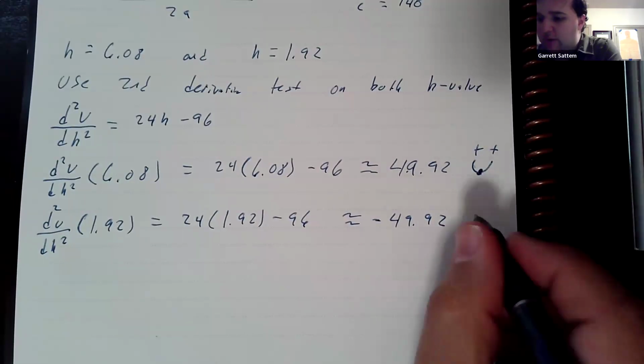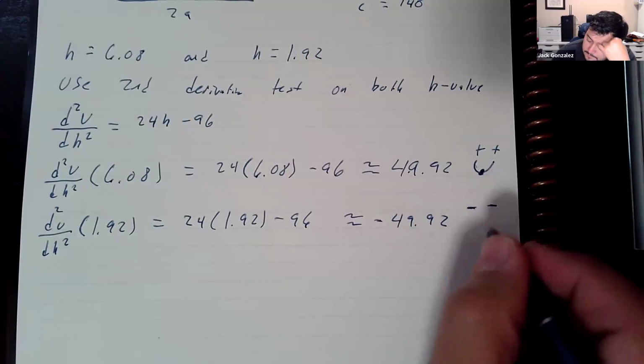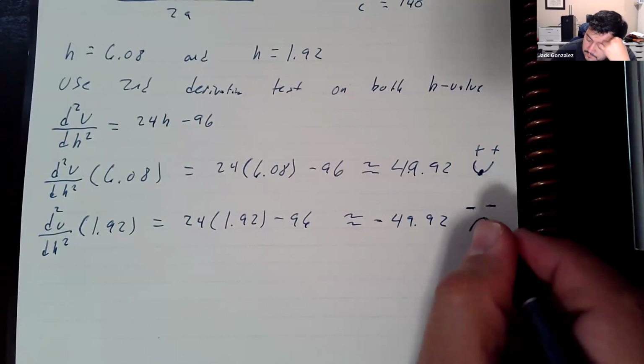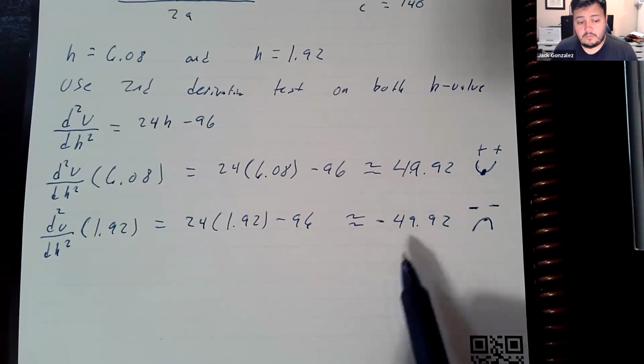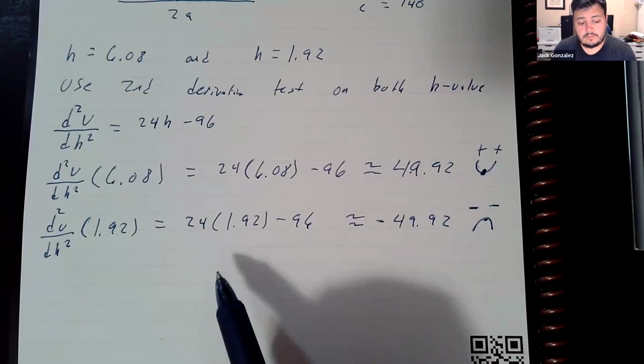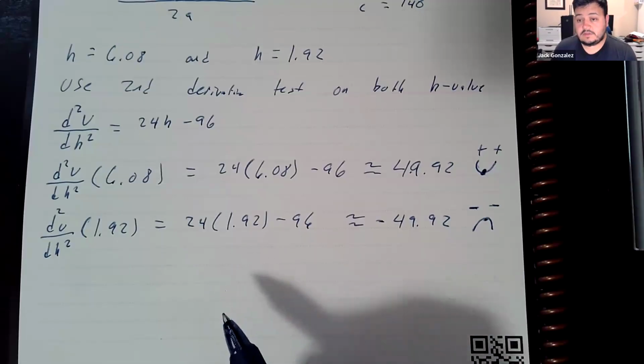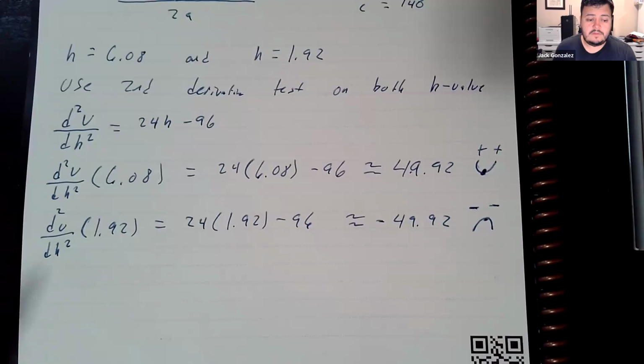Okay, that's our minimum. Minimum. So this is the maximum. The 1.92 is the optimal size to cut the squares. That gives you the most volume of your box, given the dimensions of the piece of cardboard.